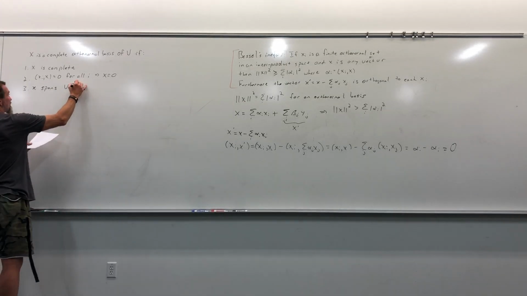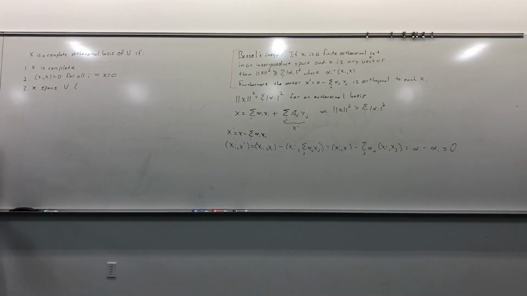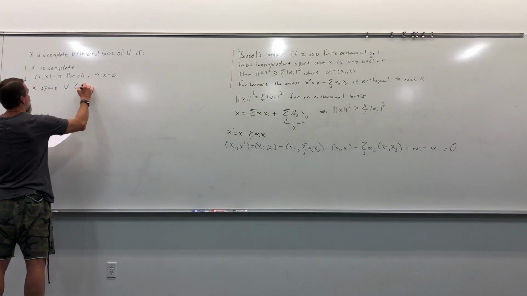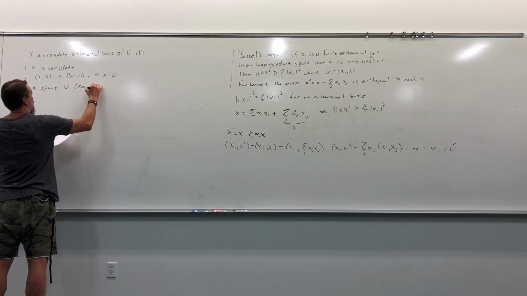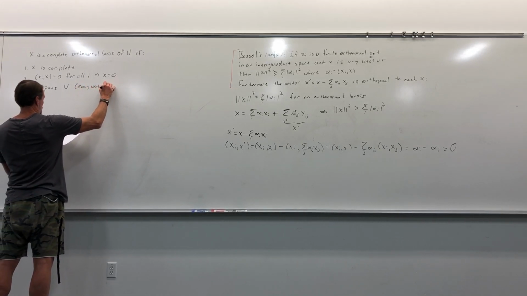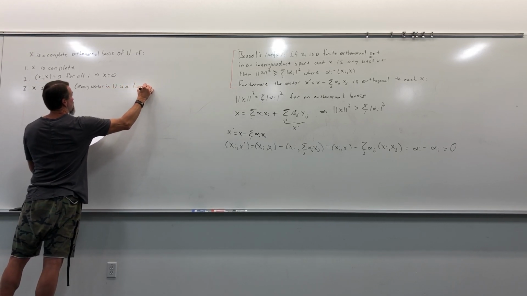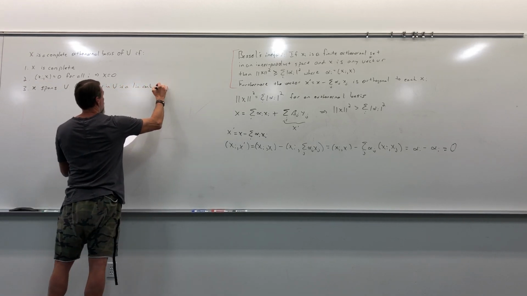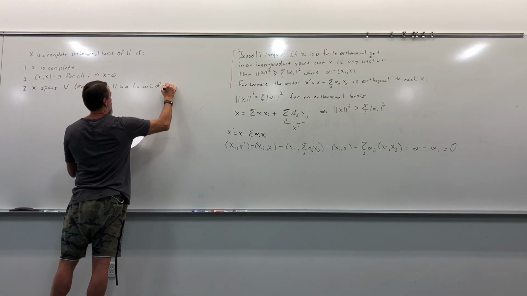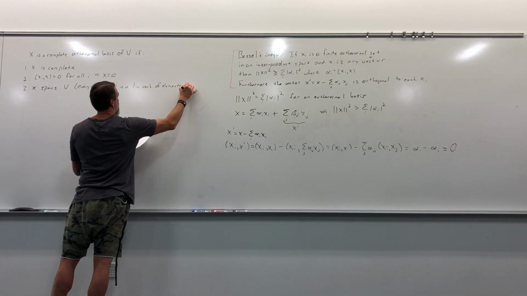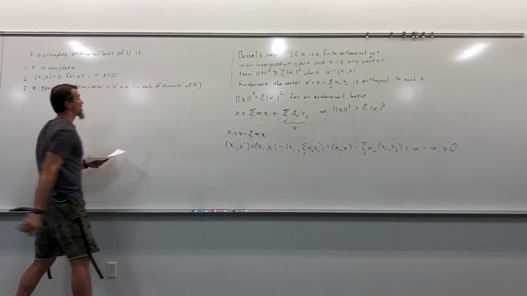X spans V, that is, according to the definition of spanning, which we gave earlier, every vector in V is a linear combination of the elements of X. Okay.